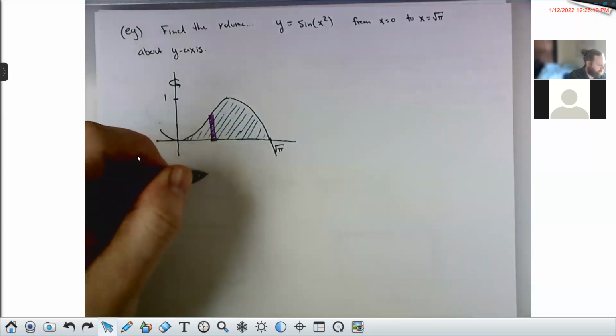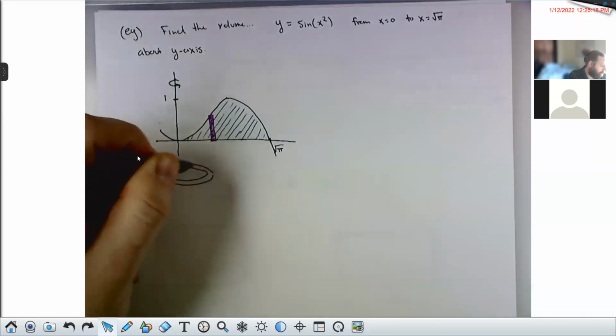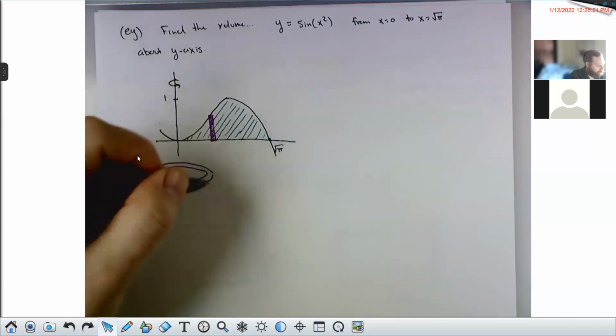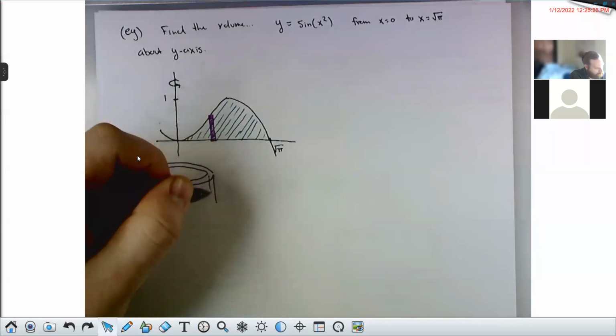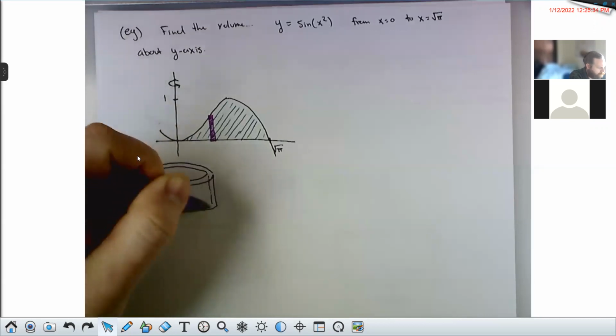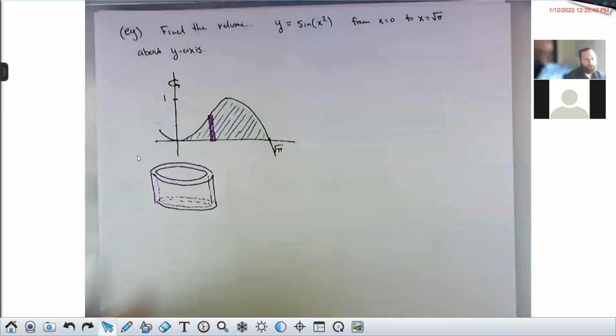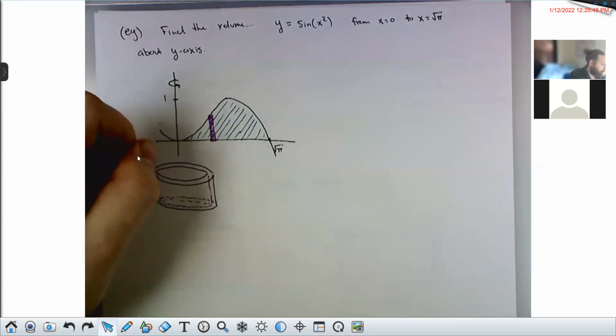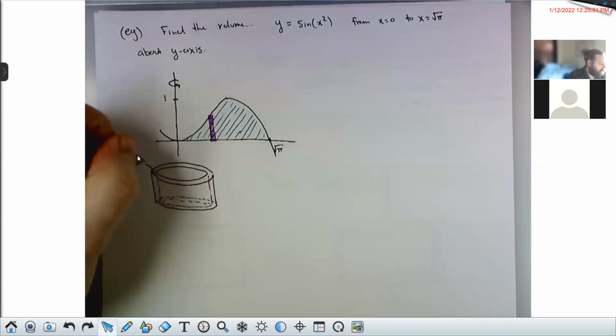If you rotate just that strip, you get a little cylindrical shell. The wall thickness here is the thickness of that strip, which is dx.